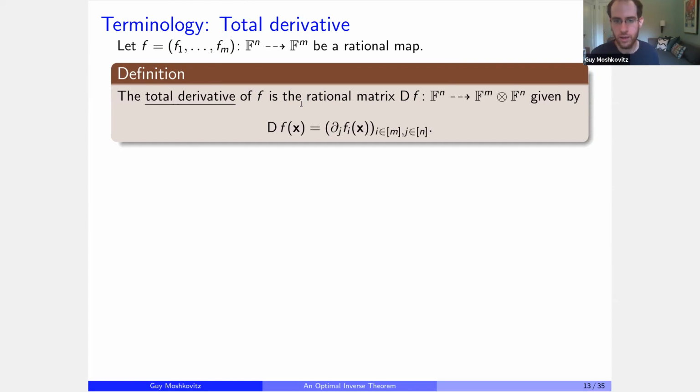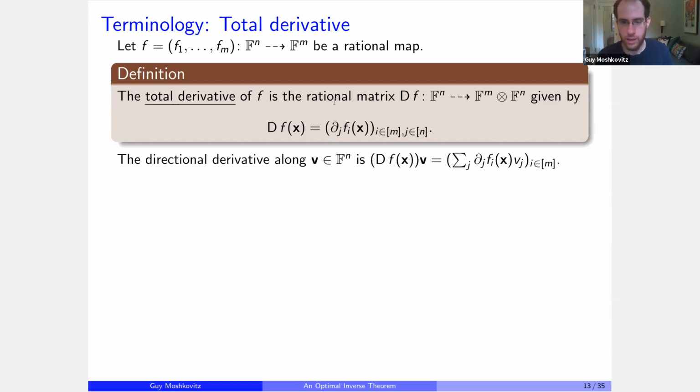It's going to be an m by n matrix. M is the number of polynomials, and for each polynomial, you take its derivative with respect to each of the variables. Again, d of f is just the Jacobian of the polynomial map, or the rational map f. And if you apply it on some vector, that gives you exactly the directional derivative in the direction of that vector.